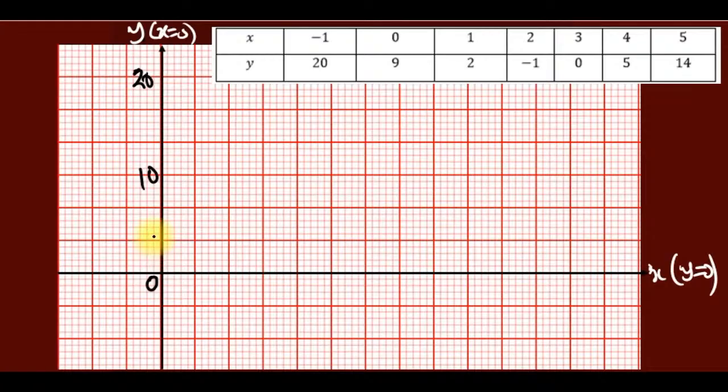That's our scale. And for x, we are counting 1 2, so here is minus 1, 1 2, as we are counting 2 cm to 1 unit. 1 3 4 5. Okay, so we have our axis and origin.